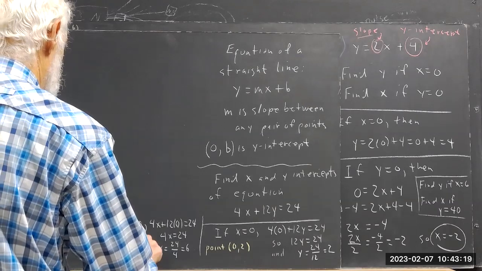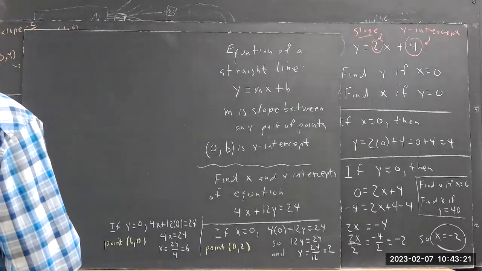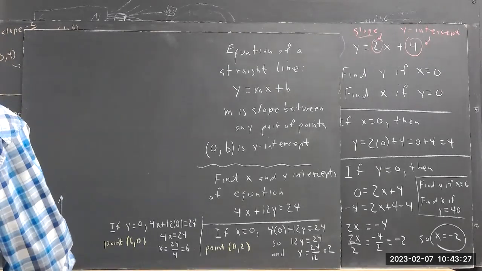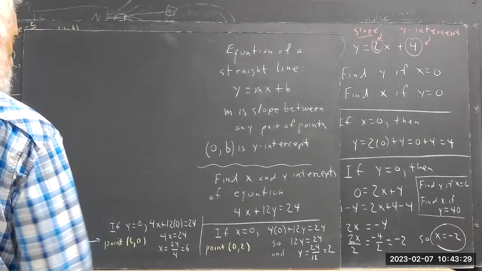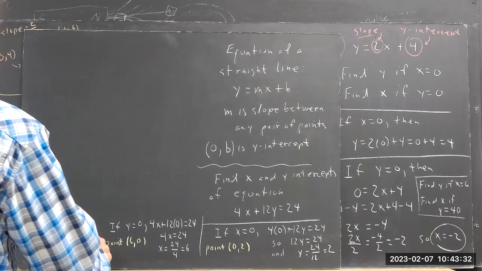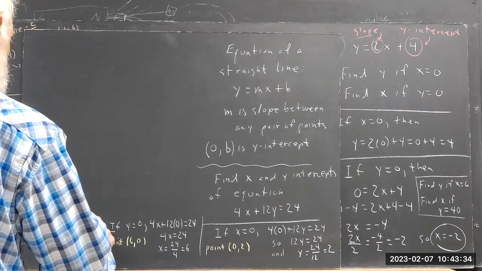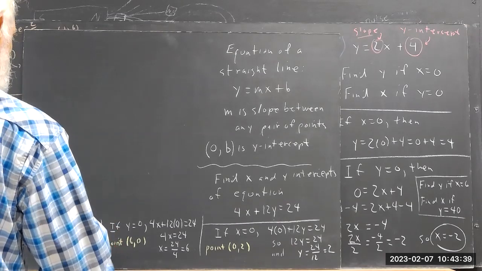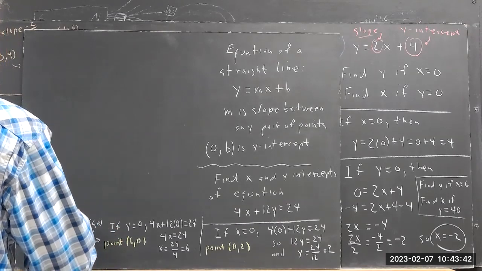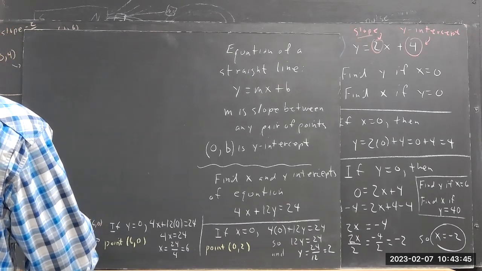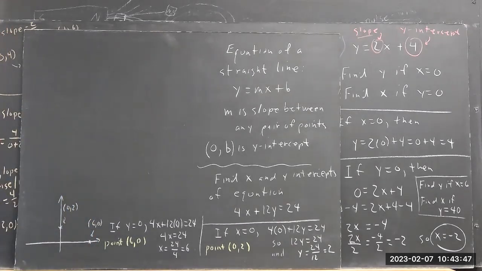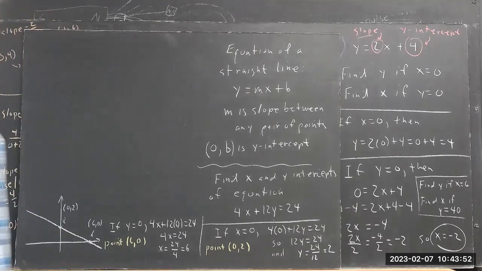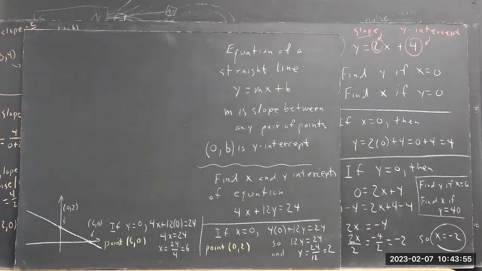So x is 6, y is 0. Now we can draw a graph. Here we've got the point (6, 0). There's the x-intercept. (0, 2). There's the y-intercept. There's our graph, if it's a straight line.